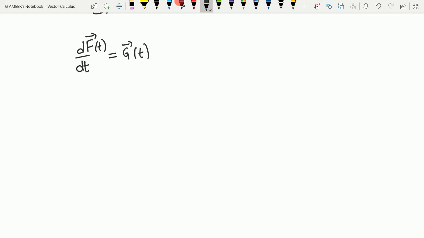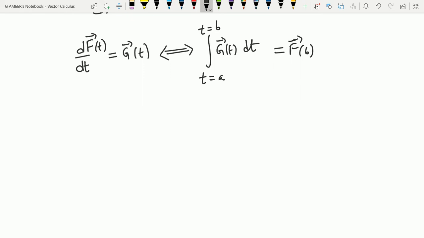This implies that the integration of the vector g with respect to the parameter t, from t equal to a to b, where the lower limit is a and the upper limit is b, is equal to f of b minus f of a.